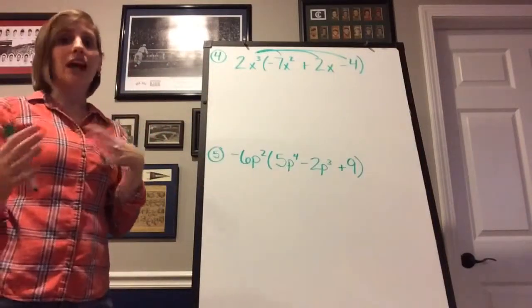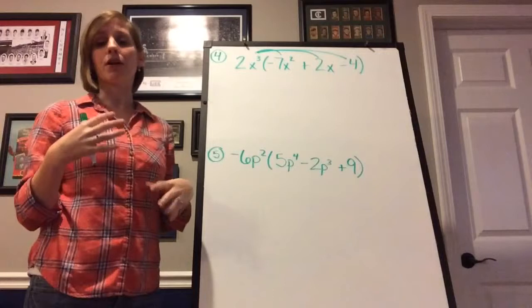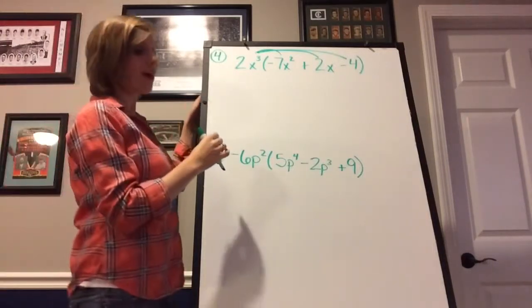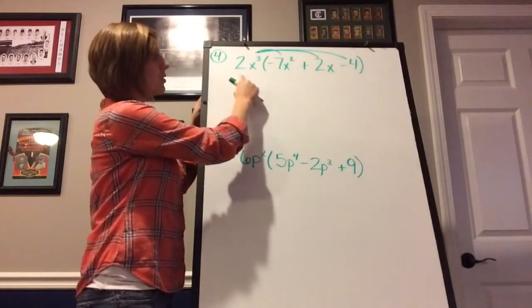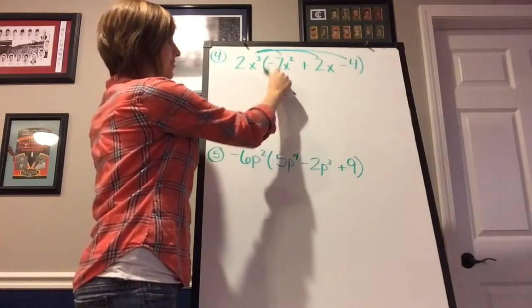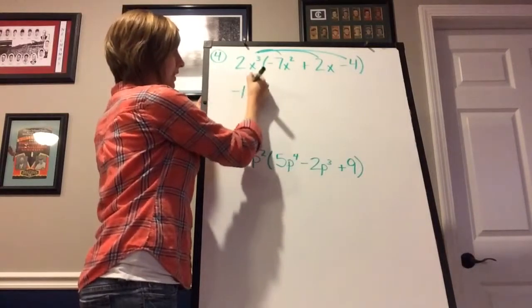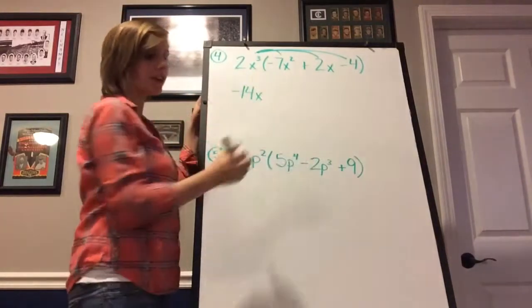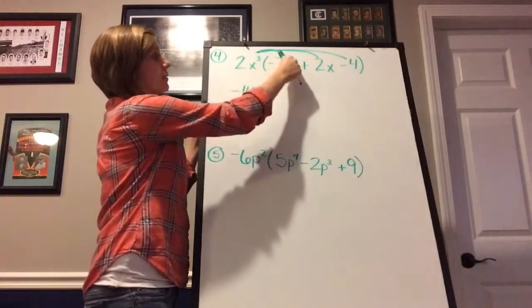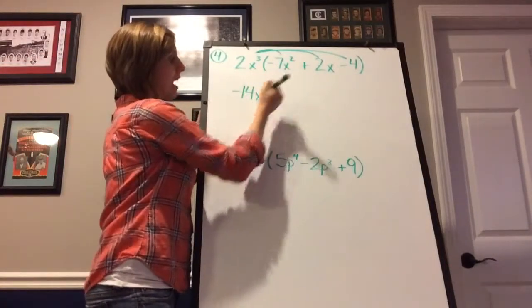As we're doing that, we multiply the whole numbers first. Remember, I called those coefficients, the numbers in front of the variable. So we're going to multiply 2 by the negative 7. 2 times negative 7 is negative 14. Now for the variables, we are going to add the exponents. So 3 plus 2 gives us 5.